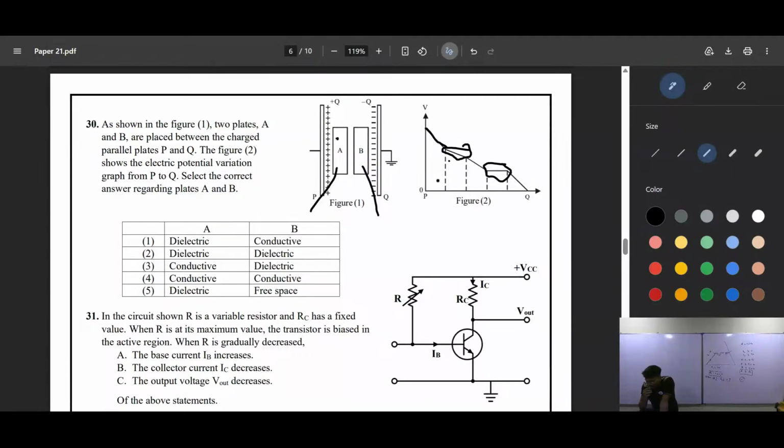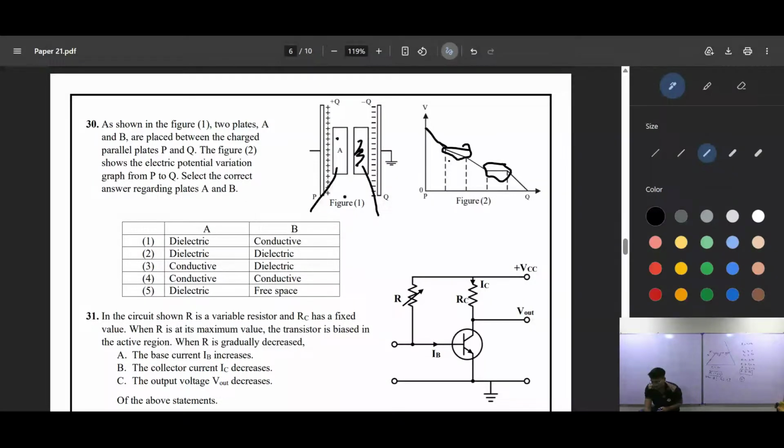Can you remember, for a conductor, the electric field inside a conductor is zero. When the electric field inside the conductor is zero, the potential gradient is zero, so the potential is constant along a conductor.